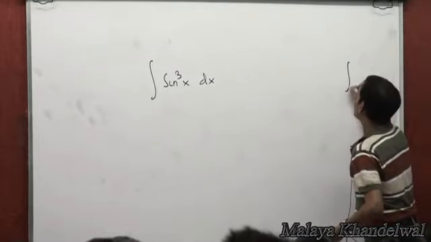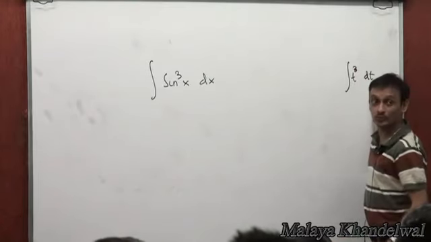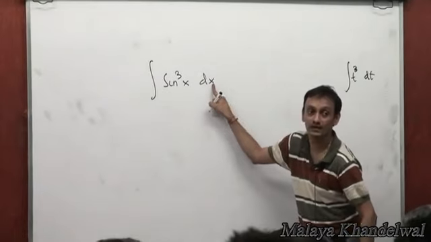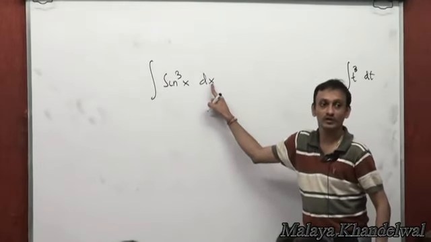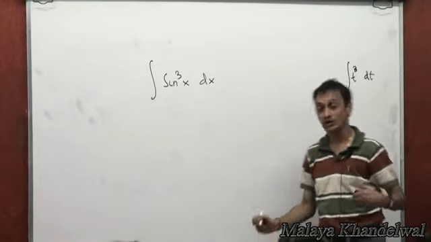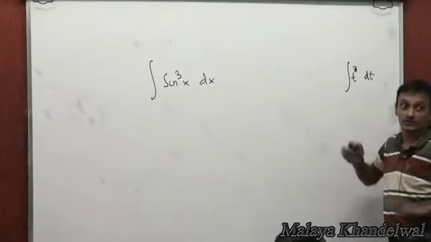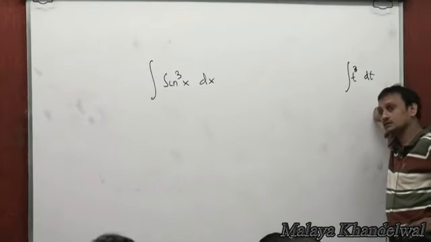No. The integral of t cube dt is t to power 4 by 4. But is it like t cube dt? No. If it was sin cube x d(sin x), then it would have been sin to power 4 x by 4. But now it is sin cube x dx.